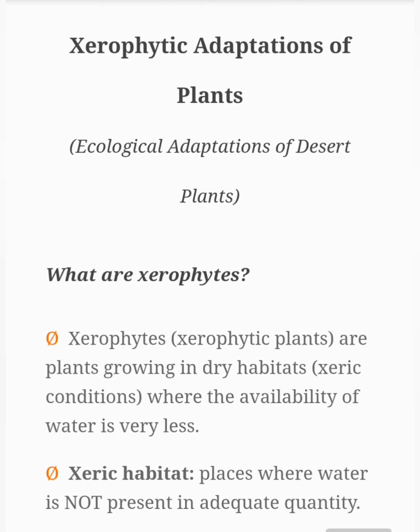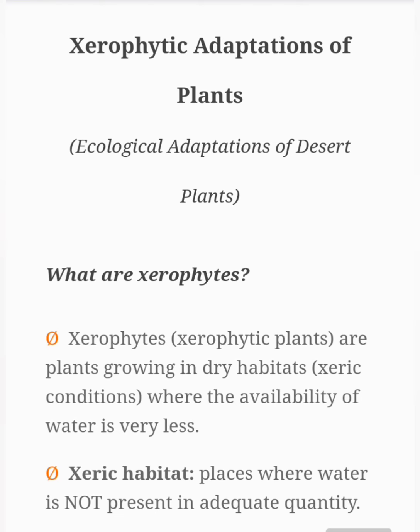Okay, so the topic that we are going to discuss today is the second type of plants, that is the xerophytic plants, the ecological adaptations of xerophytes. Xerophytes, we know, are plants which grow in dry, also known as xeric, habitats, and they have a very poor supply of available water.